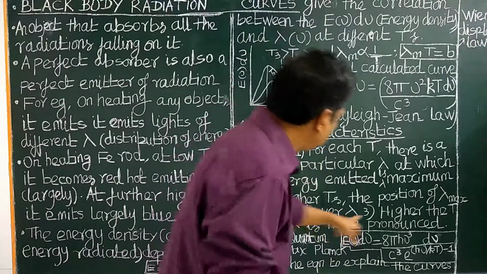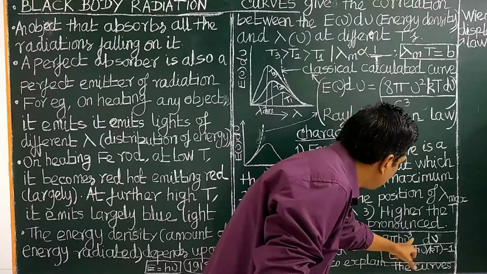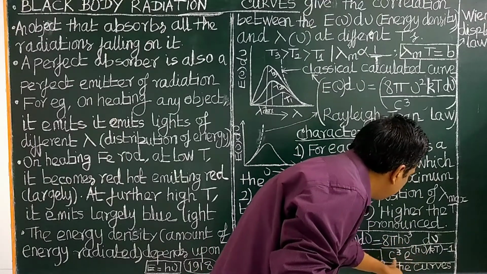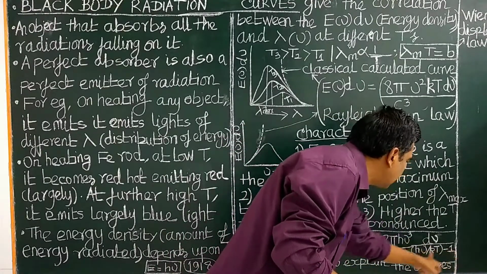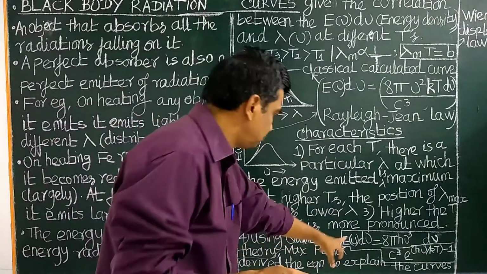Therefore, the expression is nu cubed d nu over c cubed, times 1 over e to the power h nu by kT minus 1, where c is the velocity of light, and where he has introduced the quantum concept.